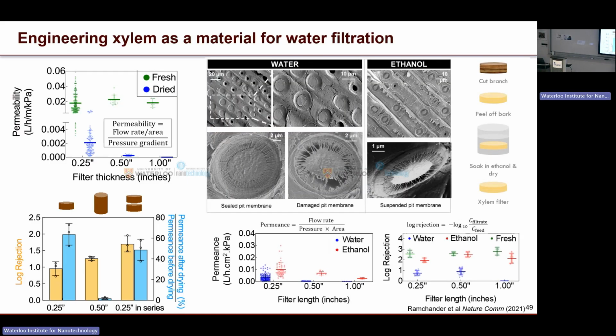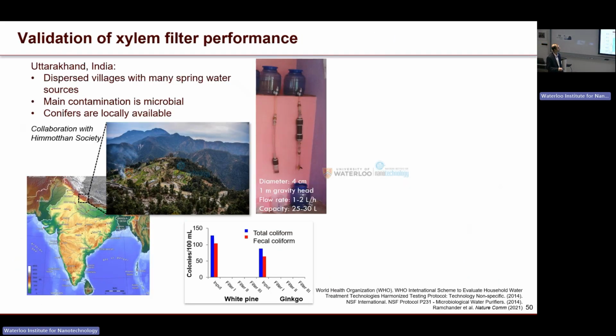And we are also able to preserve this using just an ethanol soak, and you can get these in dry form, which you are able to show you can store for like 2 years and they still work. So we did experiments. This is in North India in collaboration with Himothan Society, which is an NGO.